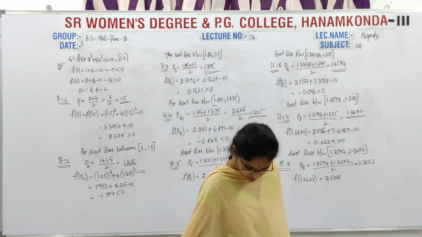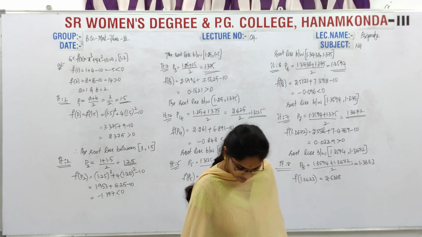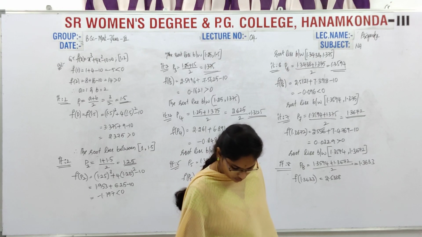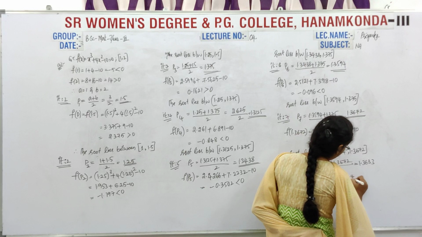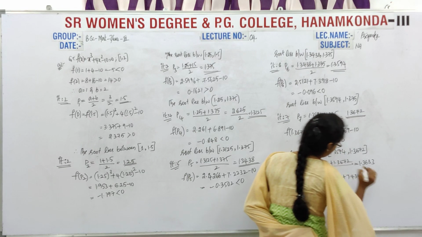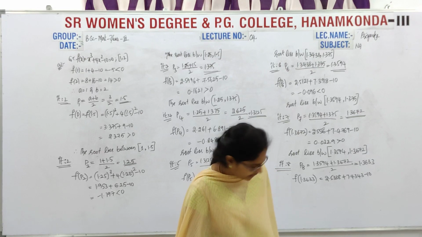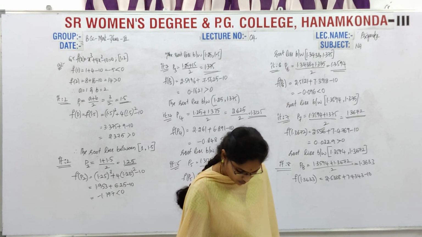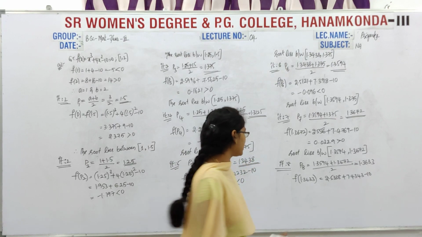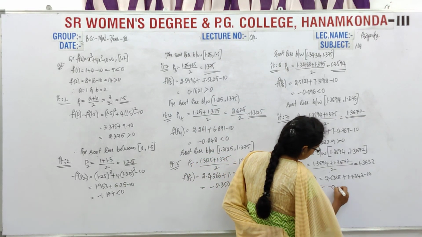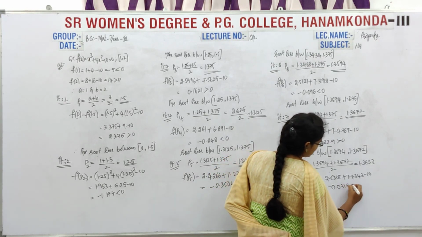Next, 1.3633 whole square into 4 is 7.4343, minus 10. So directly minus 10 and plus 2.5338. Here it gives a negative value, that is minus 0.0318, which is the negative value.